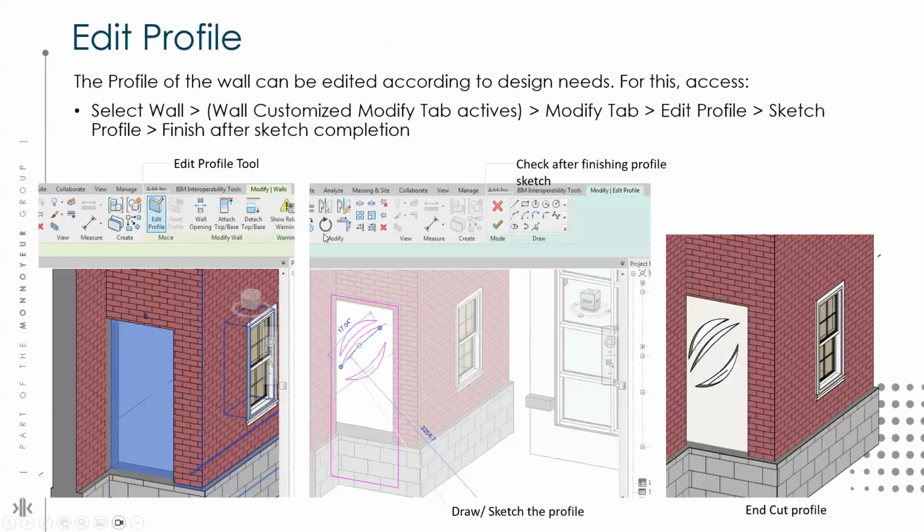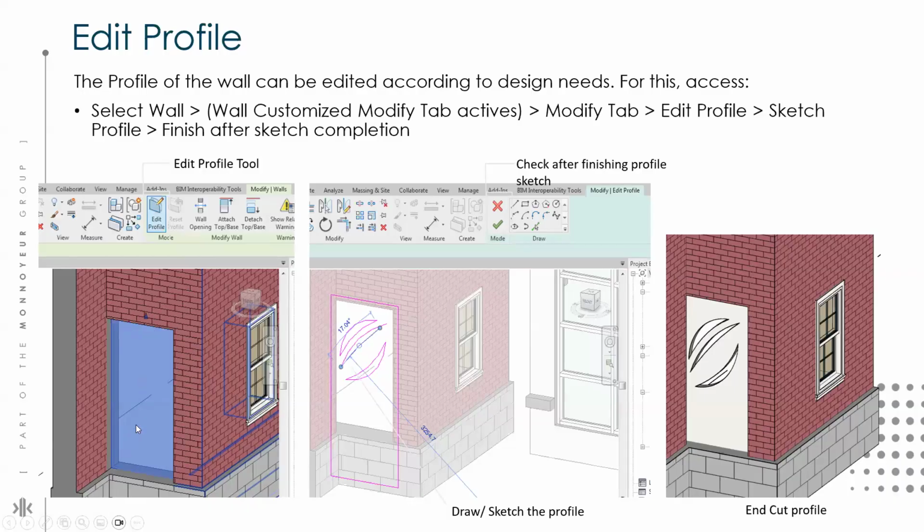Finally, we also have edit profile. Once we've made a wall, we can easily go ahead, double click on that wall after selecting it or click on this edit profile, which is visible in the first screenshot, and we'll be able to edit the wall that we have. In this example, you can see in screenshot one, there is a wall that has been selected.